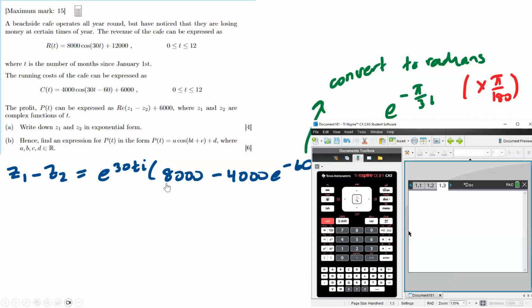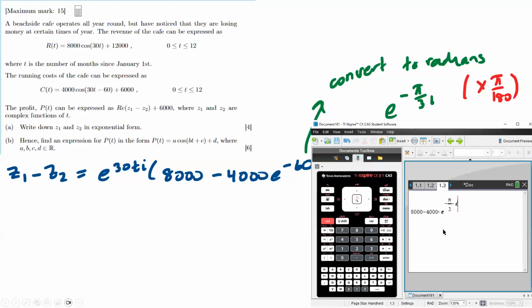What I want to do now is write in 8,000 minus 4,000 times e to the power of negative pi over 3i. All this part in the brackets, I want the calculator to tell me what that is as a single complex number in polar form. So I'll type this in: 8,000 minus 4,000, sorry, I've written 40,000, times e to the power of negative pi over 3 multiplied by i.